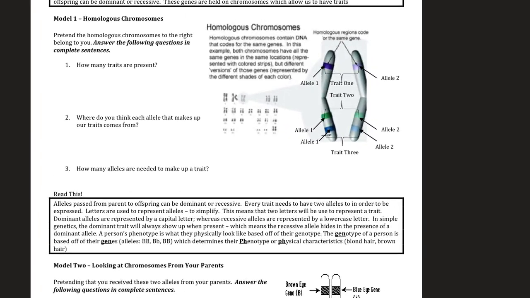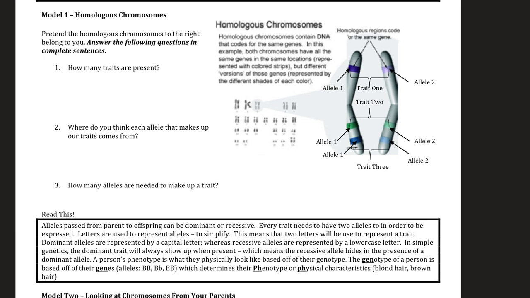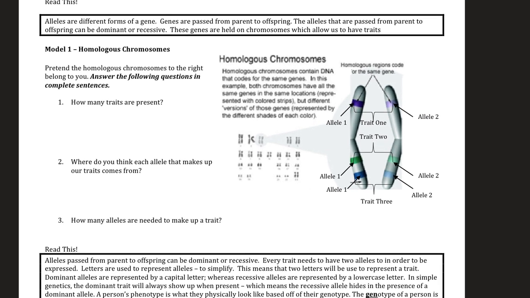This was yesterday or day before, something like that. I also posted it on your Schoology. Again, there's that homologous chromosome. Now we're going to look at crossing over because there's going to be two different genes, right?